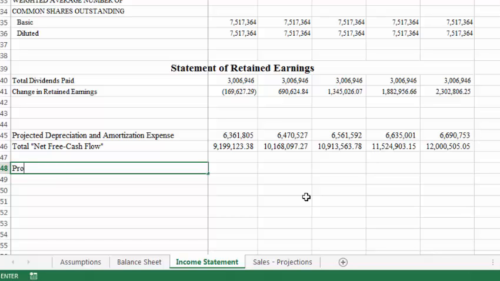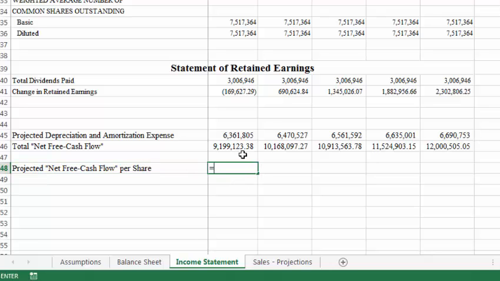I guess what I should do is say projected net free cash flow per share. And this is going to just be my net free cash flow divided by the total number of shares.